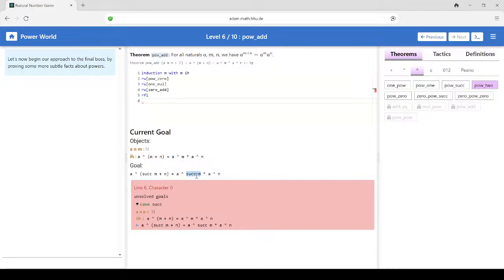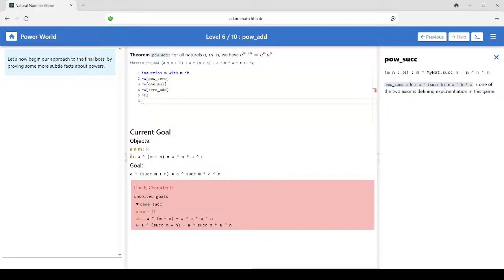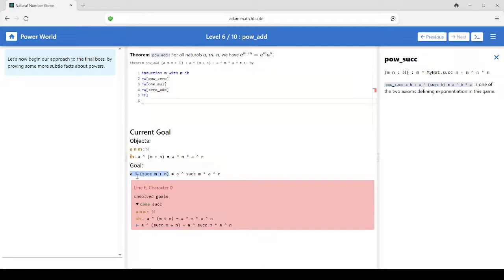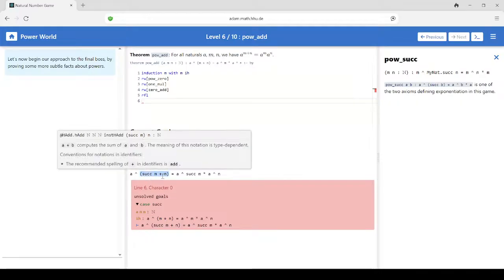A to the power of the successor. But that won't work on this side, because this is a to the power of the successor of m plus n.